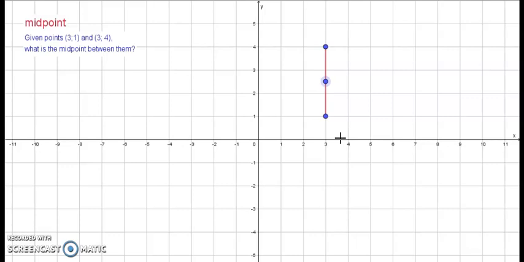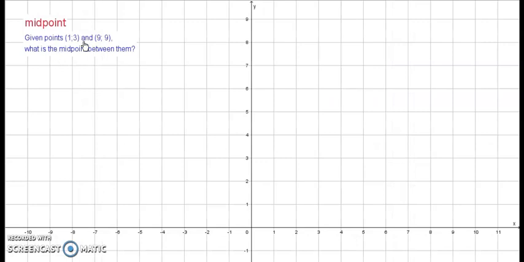But now, what about in the case where we have a slanted line? Given points (1, 3) and (9, 9), what is the midpoint between them? So we plot our points as we did before, and we're looking for the midpoint between these two. The learning from the previous 2 examples is that this line has both a horizontal and a vertical component, so you need the middle of the horizontal component and the middle of the vertical component.